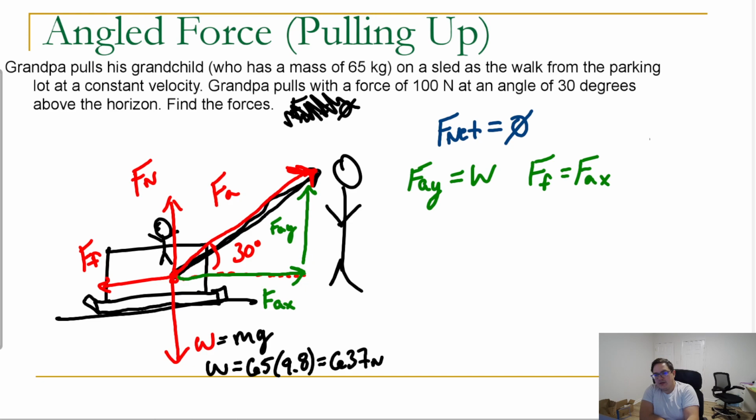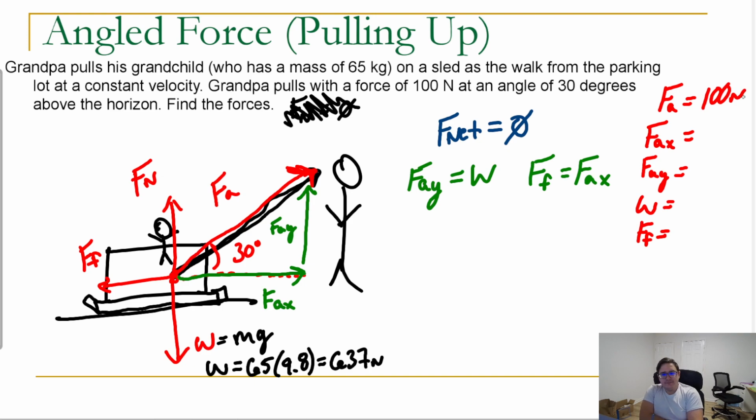So what do we have? We have force applied in the x direction, force applied in the y direction, weight, and frictional force. We know force applied is 100 newtons.